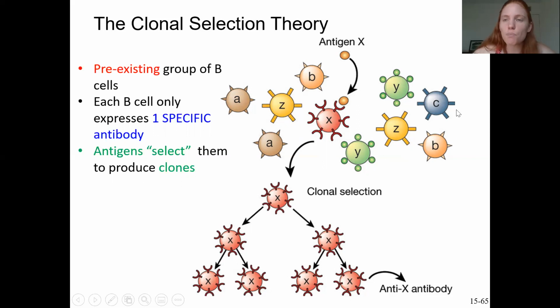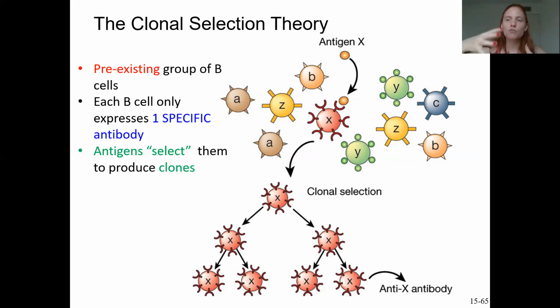So in your body, your bone marrow is just spitting out all of these different B cells. And each B cell only makes one specific antibody. Okay, so in this one here, see A, B, C, and so forth, each of those are different B cells because each B cell makes one antibody, and all of the antibodies are slightly different from each other.